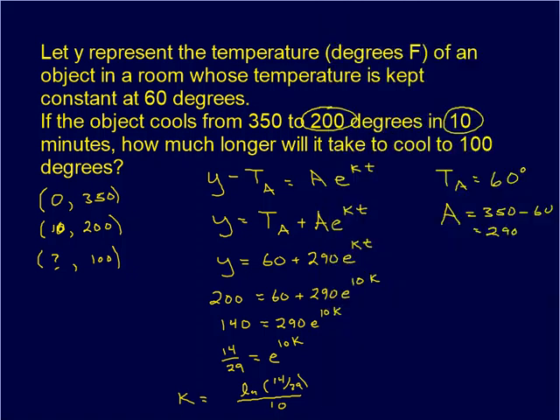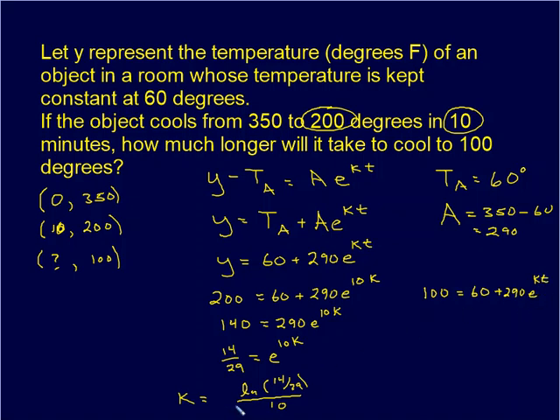Okay, so we'll go back and look at our situation. And now what we want to do is solve for the time at which the temperature was 100. Okay, so I'm going to let the Y value be 100 now, equals 60 plus 290 e to the, now we know the value of K, we're actually solving for the T this time.